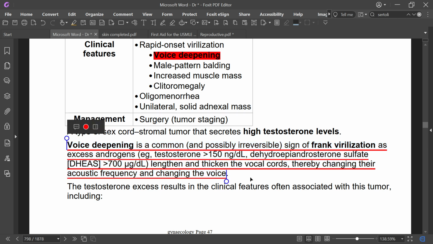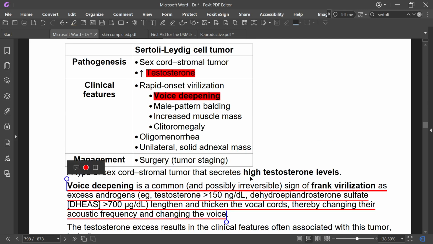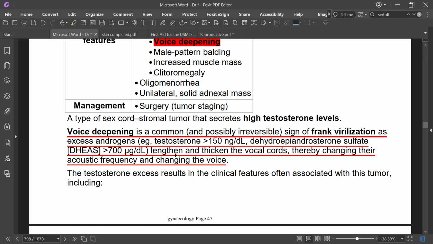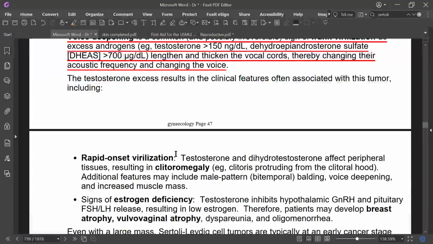Voice deepening is possibly irreversible. It is a good sign for diagnosing Sertoli-Leydig cell tumor.